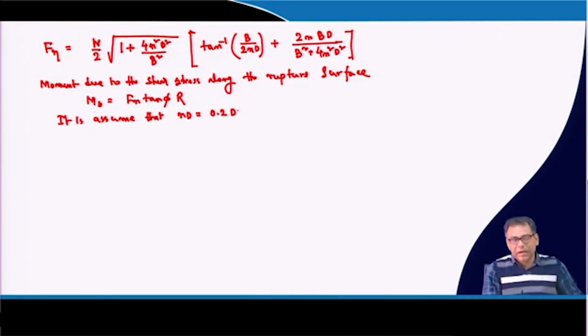So it is observed that this point of rotation is around 0.2 d above the base of the well. So that means it is assumed that Nd is equal to 0.2 d. It is recommended by observation that the point of rotation is 0.2 times d above the base of the well.